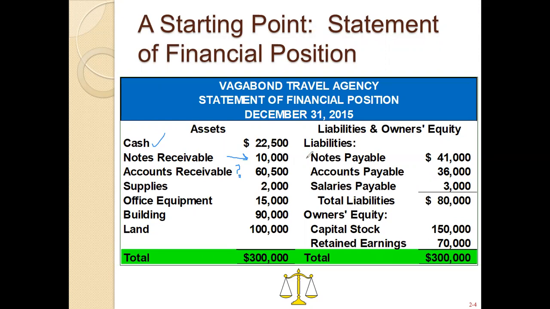Here you can see notes payable and accounts payable. The minor difference is receivable versus payable, but both have a note and an account. All four accounts, notes receivable, accounts receivable, notes payable and accounts payable, are related to credit.